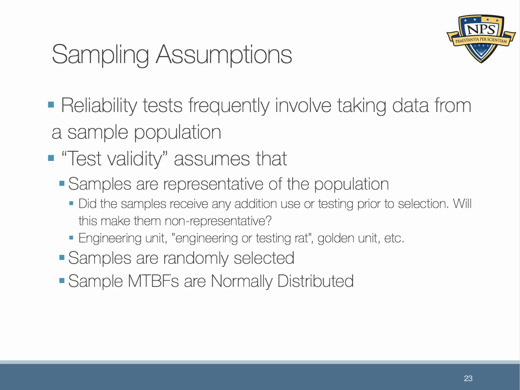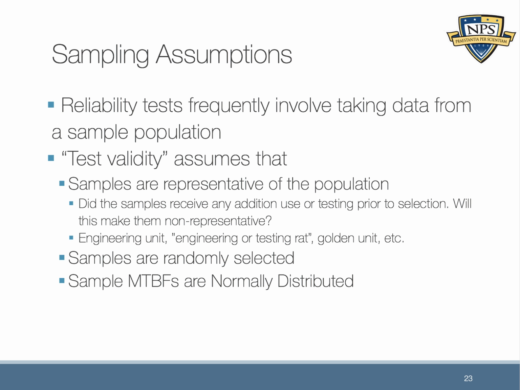And that's really what I mean by engineering rat or testing rat. This is just a term that I've heard used quite a bit. They're essentially units that are usually available for testing during design. They're kind of being built up. They might even, in some cases, be a prototype, but they just get beat up. And so, again, they may or may not be representative of the true population. And it just depends, again, on what you're testing. So it's just something to be very aware of.